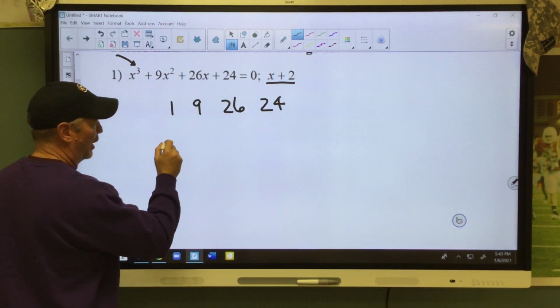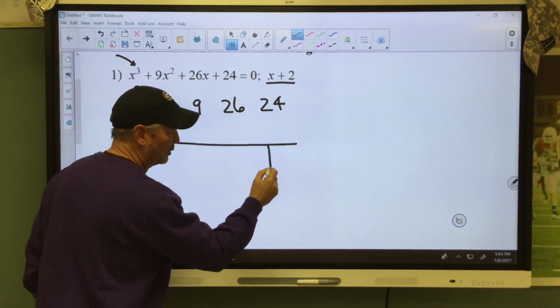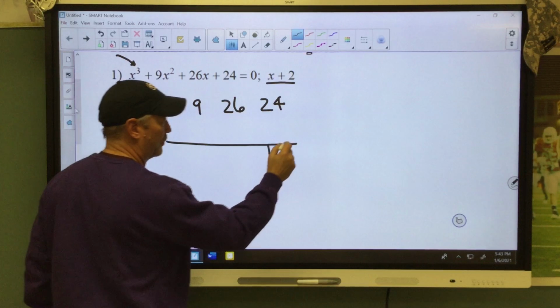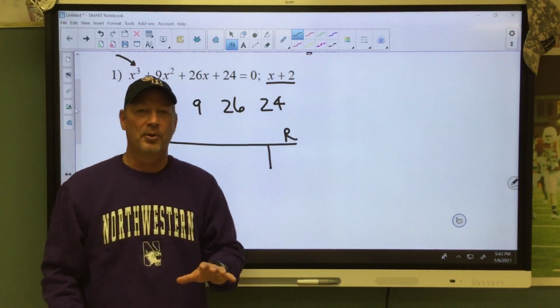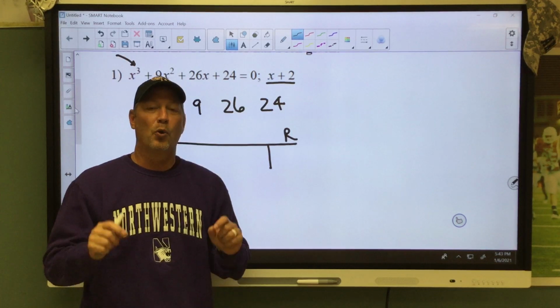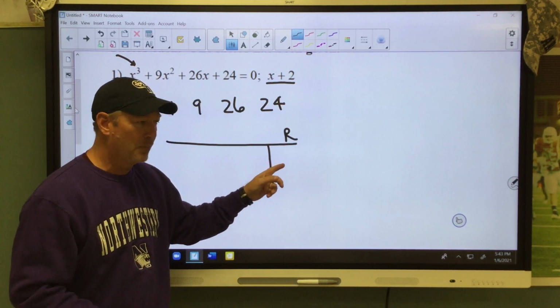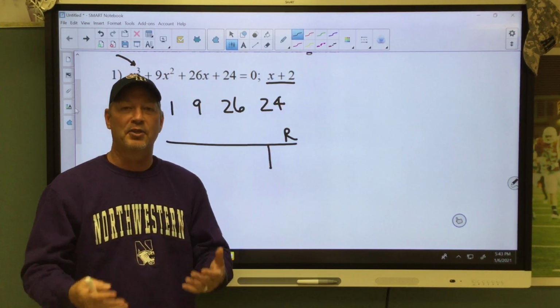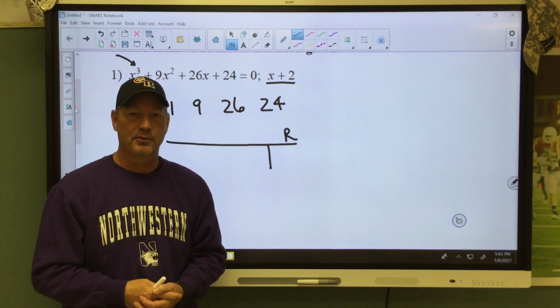We're going to draw a line, give yourself some space to work, set up your remainder column. This is your remainder. Now here's a tip. Your remainder will always be 0. If this doesn't come up to be a 0, then we have done something wrong. We will not be able to find the remaining factors.